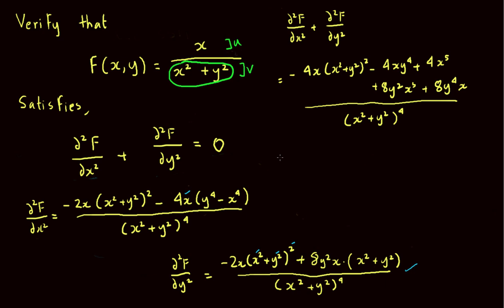So we have these terms, right? And I think we'll have to simplify them a little bit. So I have here 4x (x to the power of 4 plus 2x squared y squared plus y to the power of 4), okay, and minus 4xy to the power of 4 plus, actually wait, I can simplify this a little bit here just to make things a bit simpler.